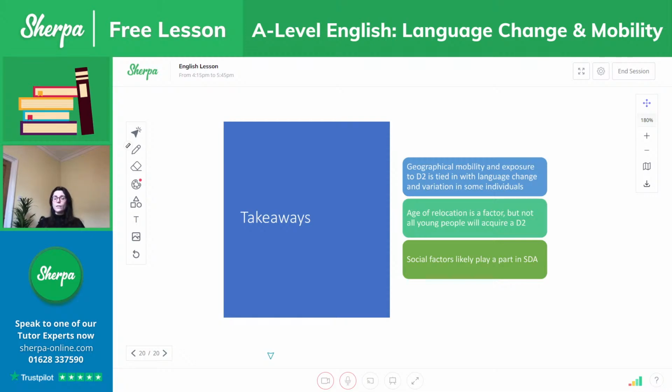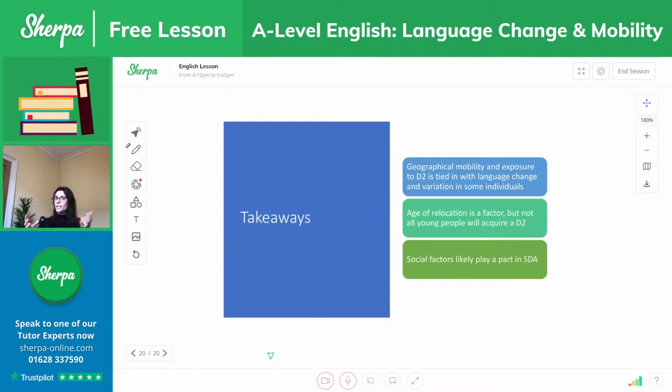So age is a factor, but not all young people acquire the second dialect, and it's clearly not the only thing in play here. Ultimately, what I'm showing in this study is that the social factors present within the twins likely played a role in their second dialect acquisition or lack thereof.